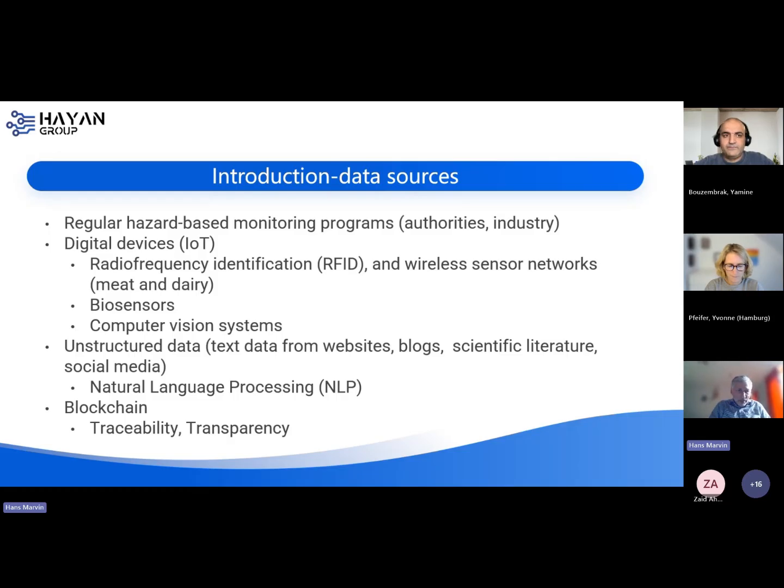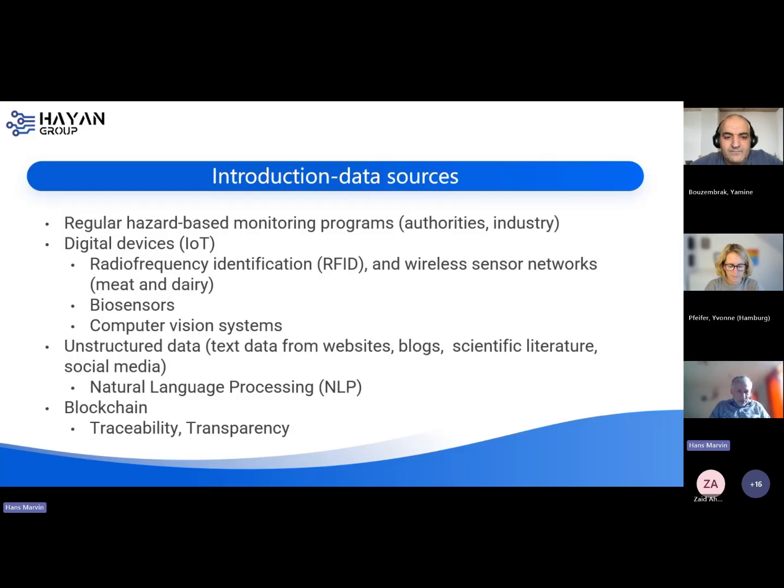Also, biosensors or computer vision are already being described in literature. These digital devices and the monitoring programs on hazards produce structured data. You know exactly what you collect because these methodologies have been designed for that.